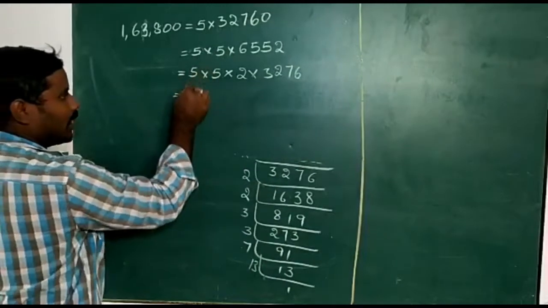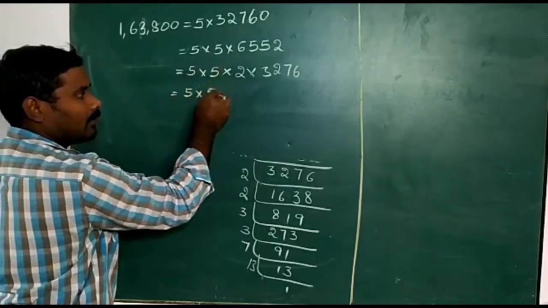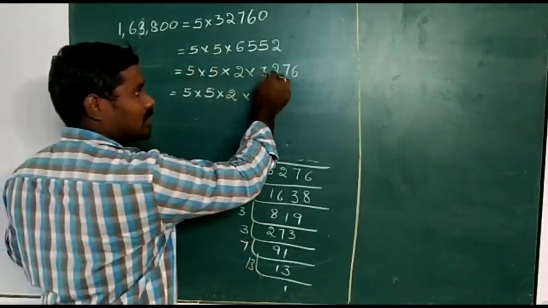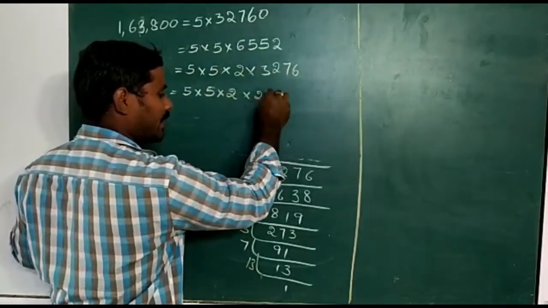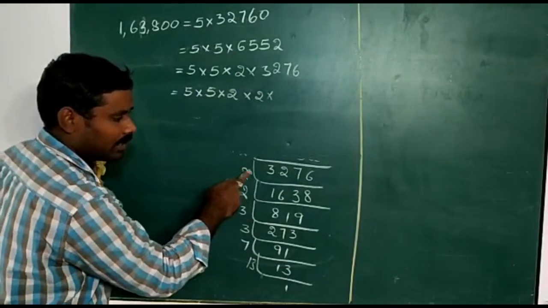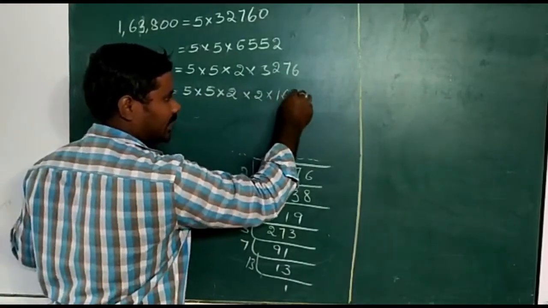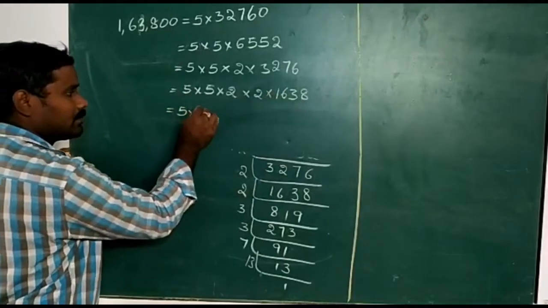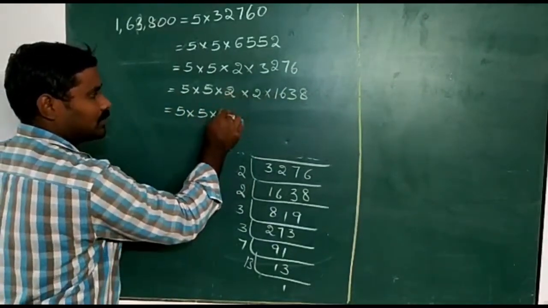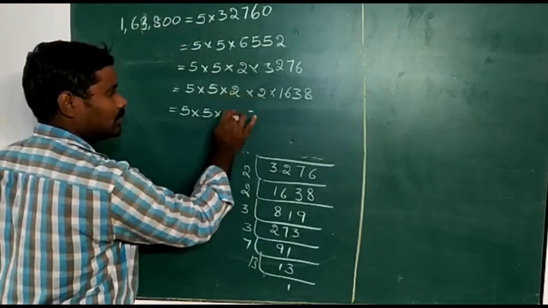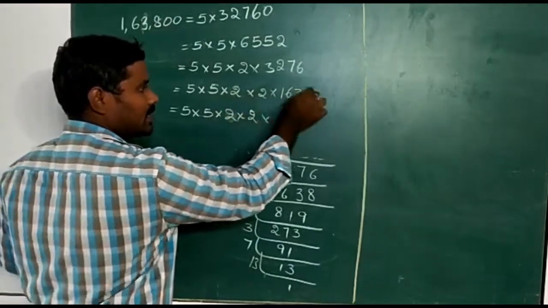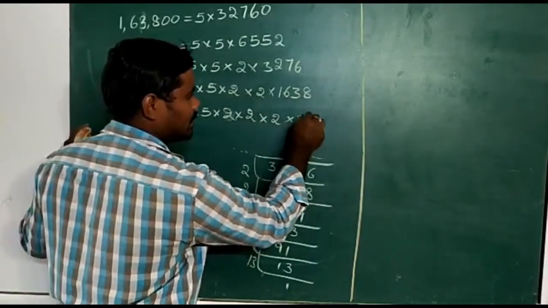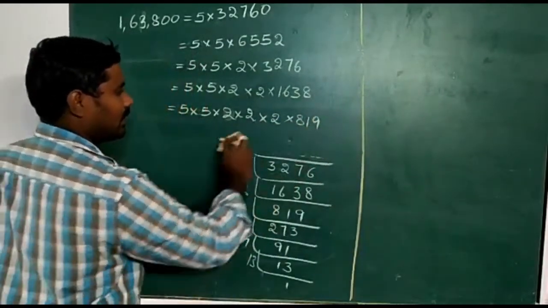Now 5 into 5 into 2, up to here it is common. Again 3,276 is divisible by 2, giving 1638. Now continue the same process: 5 into 5 into 2 into 2, again divisible by 2, giving 819.